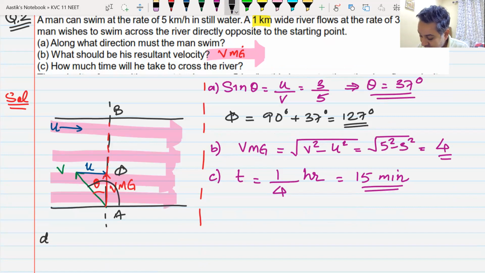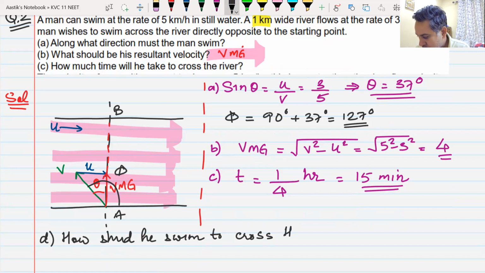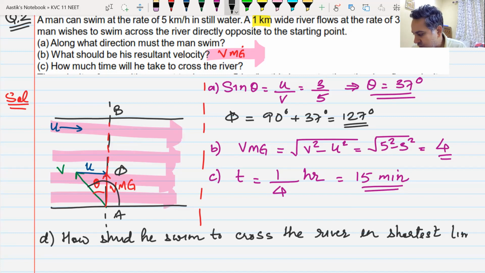Question number D. How should he swim to cross the river in the shortest time? And what is the answer?